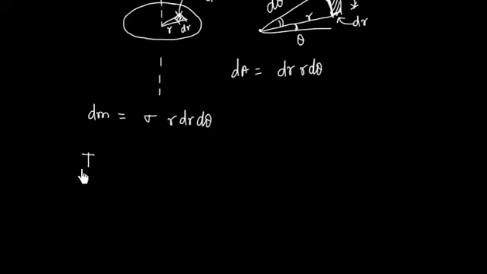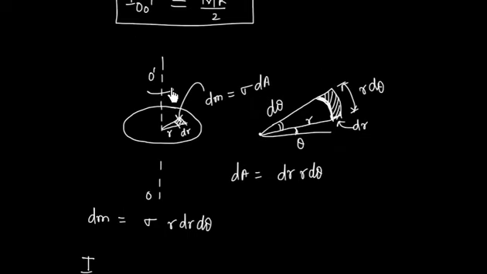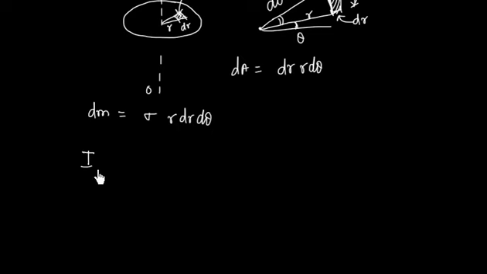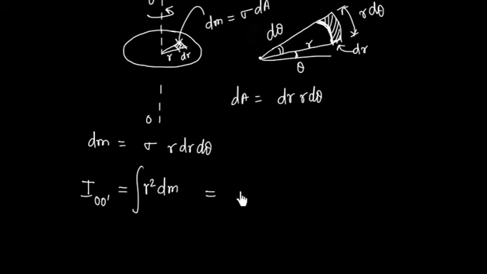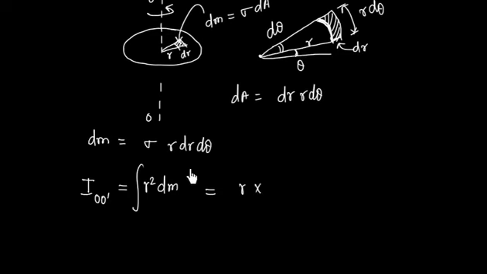Now we can use the moment of inertia. Let us call this axis OO dash. This disk is rotating about this axis. The moment of inertia is equal to the integral of dm r square. So the perpendicular distance of this mass dm from the axis is r, and dm is sigma r dr into d theta.